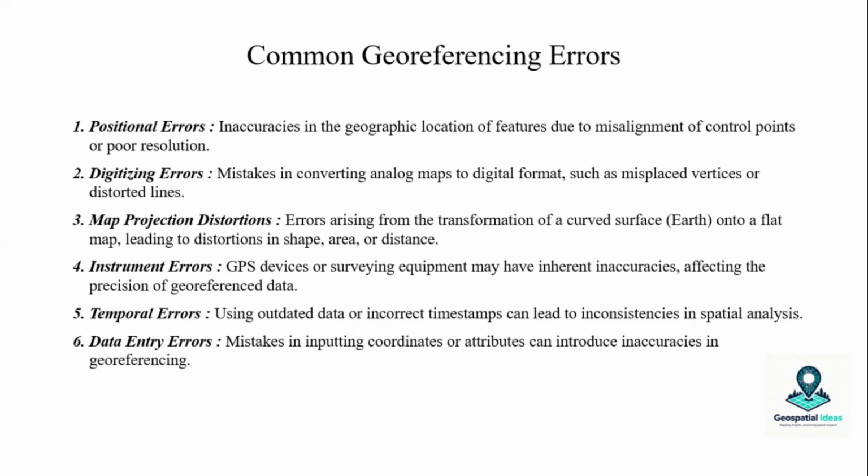Positional errors are very rampant when it comes to georeferencing, and it's something that we need to take note of. Then also digitizing. Let's say that a particular scanned map we're having has gone through some digitizing, and there were certain errors.